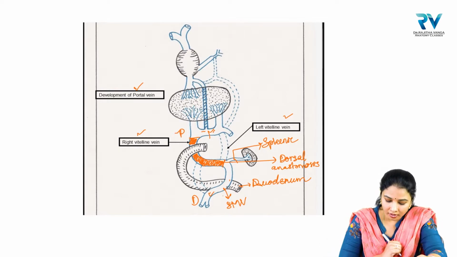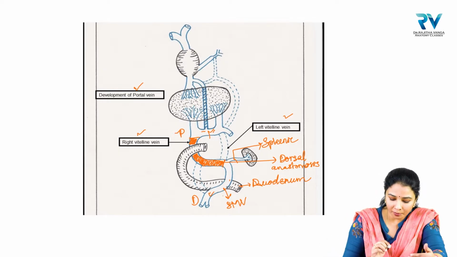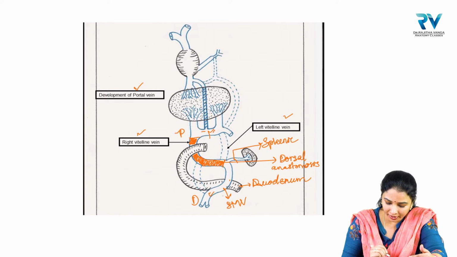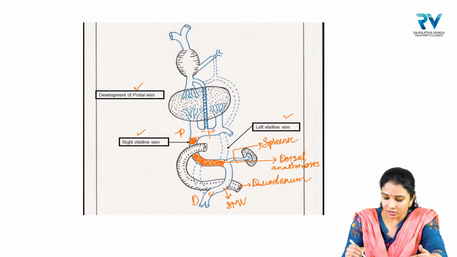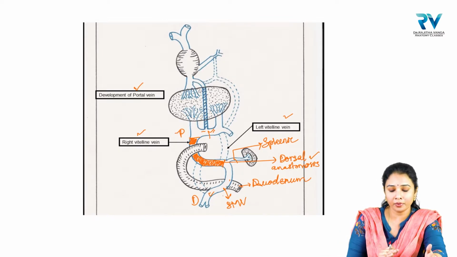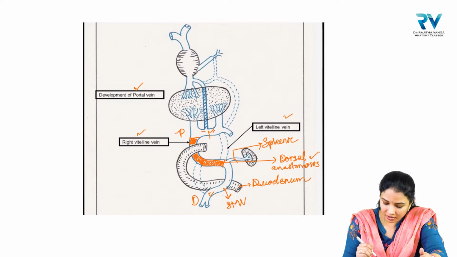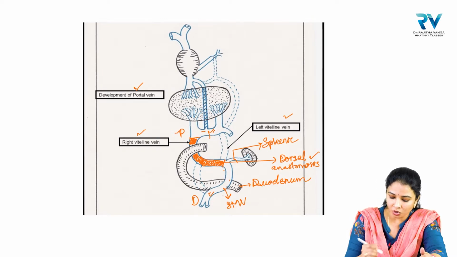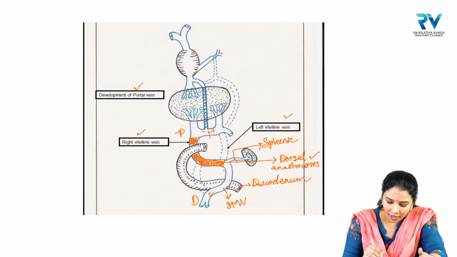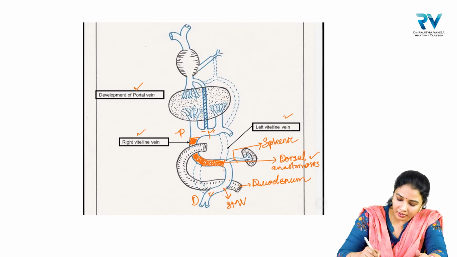Now we can see the portal vein is formed from the proximal part of right vitelline vein and also the middle anastomosis, that is the dorsal anastomosis. Whereas the tributaries are the superior mesenteric vein and splenic veins. We can see they join to form the portal vein. And near the hepatic bud, this is the developing liver.